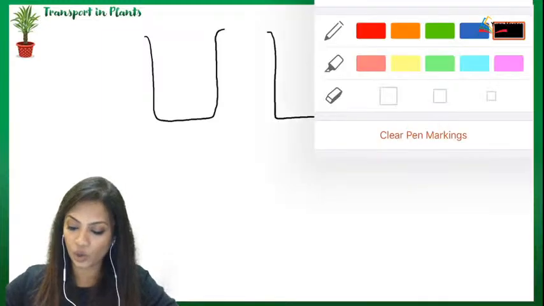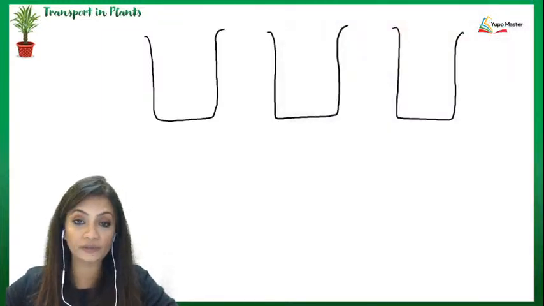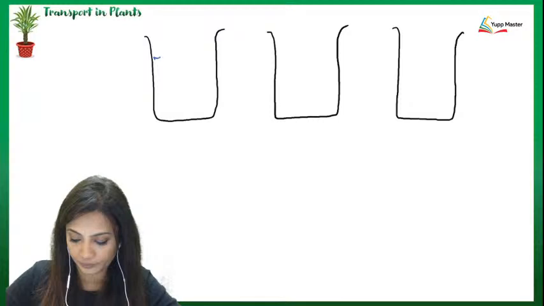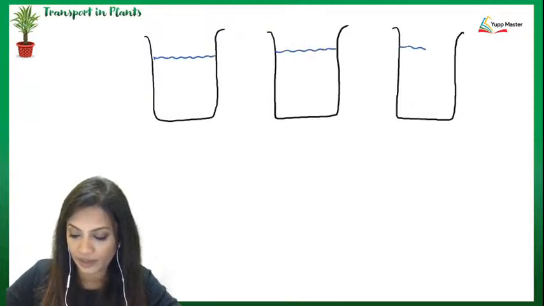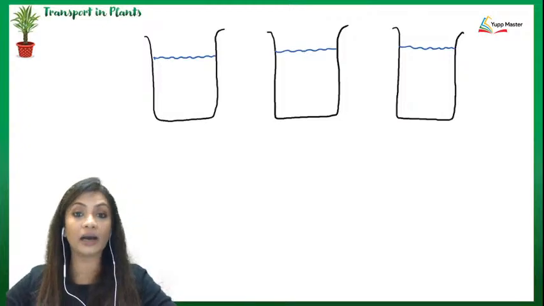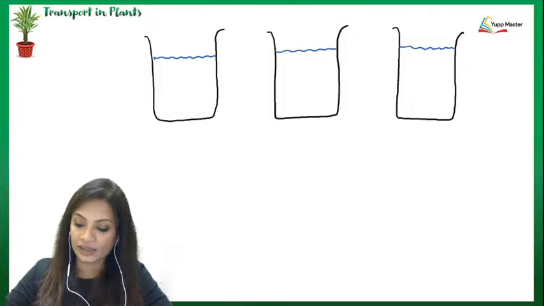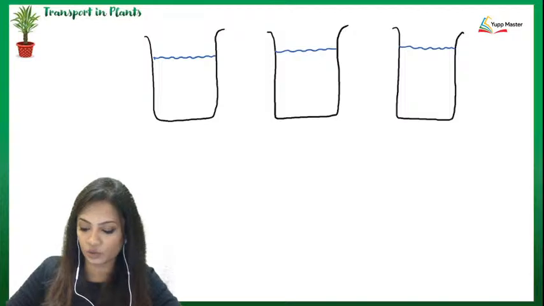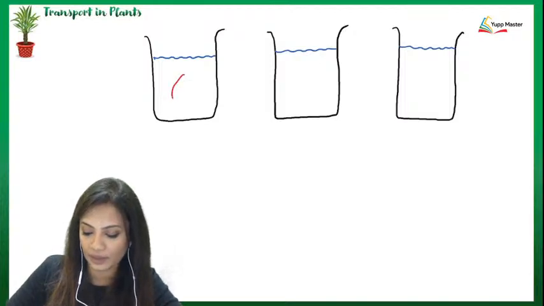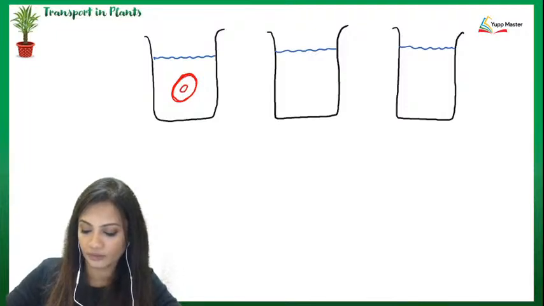Now all these beakers I am going to be filling first with water. Okay, so we'll have water in all the three beakers, and that too will have the same amount of water. Okay, and inside the beaker we will place a cell.